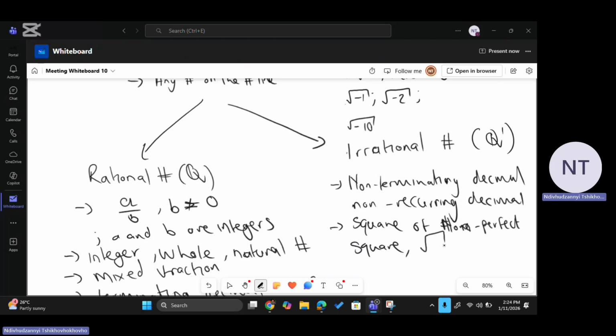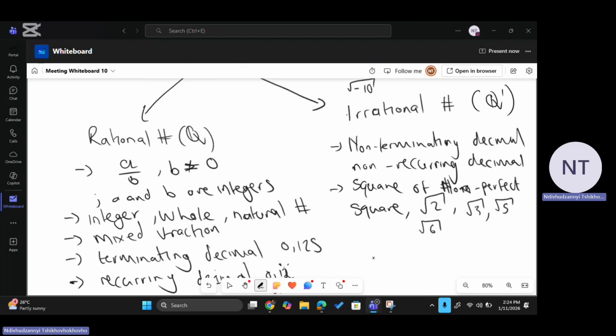So it would be a square root of 2, square root of 3, square root of 5, square root of 6. And lastly, we have the cube root of a non-perfect cube. Don't mind my handwriting, it's bad, but I'll try to write better this time.